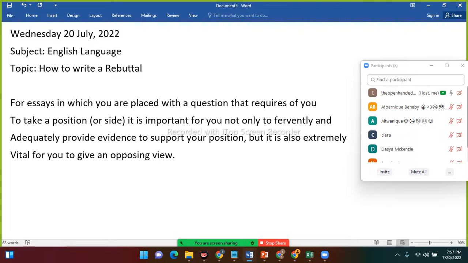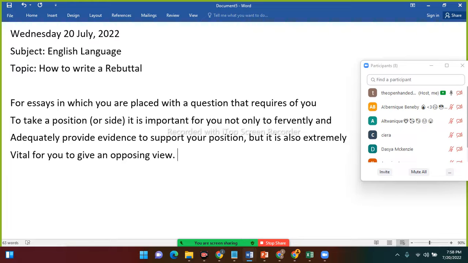Okay, so that's very important. When you're writing essays that ask you to pick a side, and you pick your side, you agree or disagree, you must show that you have thought well about the topic enough to provide an opposing view.